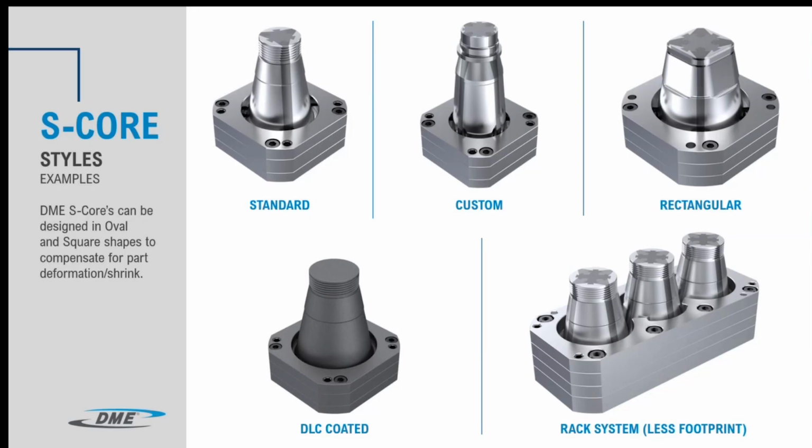So as a protection of the core, we coat the core. The customer has the choice to have the complete core coated or only some segments of the core. So it's possible to do both. And on the right side, you can see again the smaller footprint versions with our rack system. Next slide.